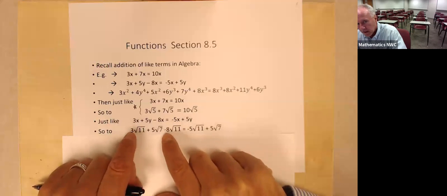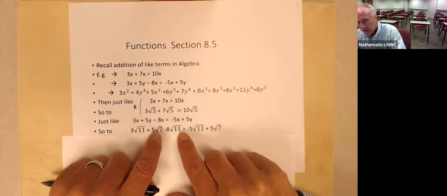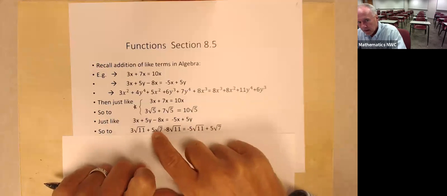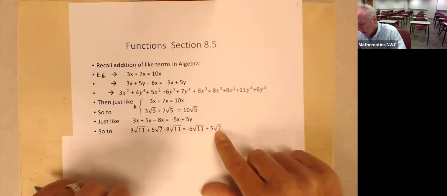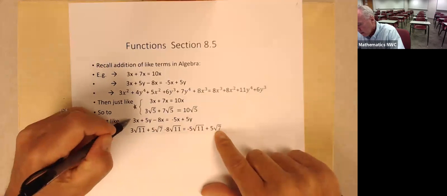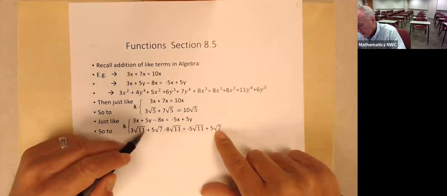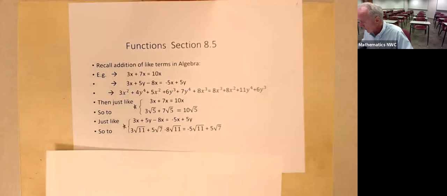So here this 3 and the negative 8 gives me the negative 5. The radical 11 just comes straight along. The radical 7, just like 5y was out there by itself, 5 radical 7 is out there by itself, just comes along. Again, go through this one a few times. Make sure that you are very comfortable with the algebraic rule behind those.